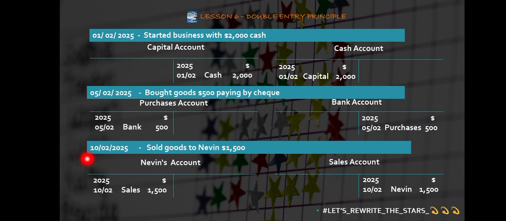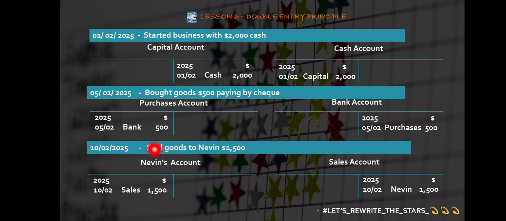Now we come to the third transaction, which occurred on the 10th of February 2025. We sold goods to Nevin worth $1,500. In this case, we have the sales account.